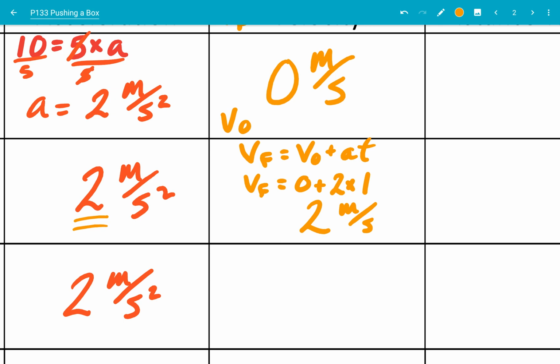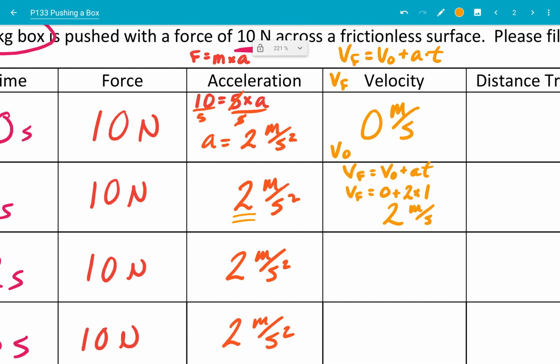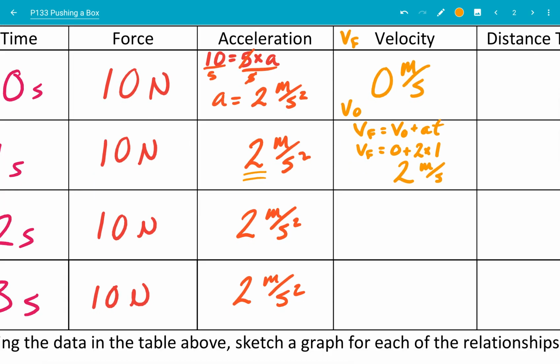Okay. Now, if we're adding 2 meters per second every second as we go, because of the acceleration, so we added 2 from 0 to 1 second. Then from 1 second to 2 seconds, we're going to add 2 more. So it's going to be 4 meters per second.